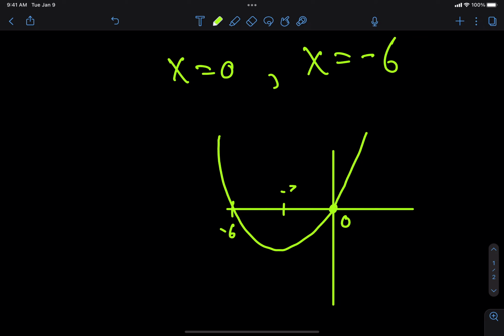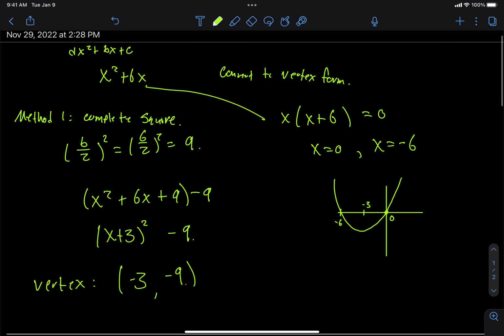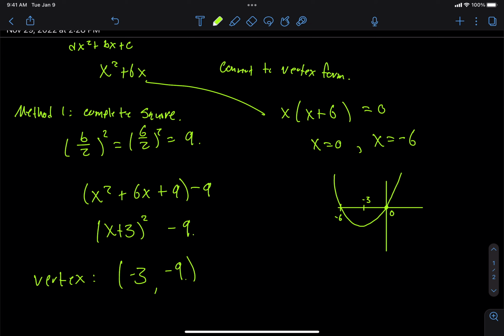So you know that the vertex has to have the x value -3. If you wanted to know the y value of the vertex, all you have to do is look: this is a point on the parabola, you know its x value, so you can find the y value by plugging the x into the equation. So that would be -3 quantity squared plus 6 times -3. So this is 9 plus -18, which is -9, which tells you that this is -9.